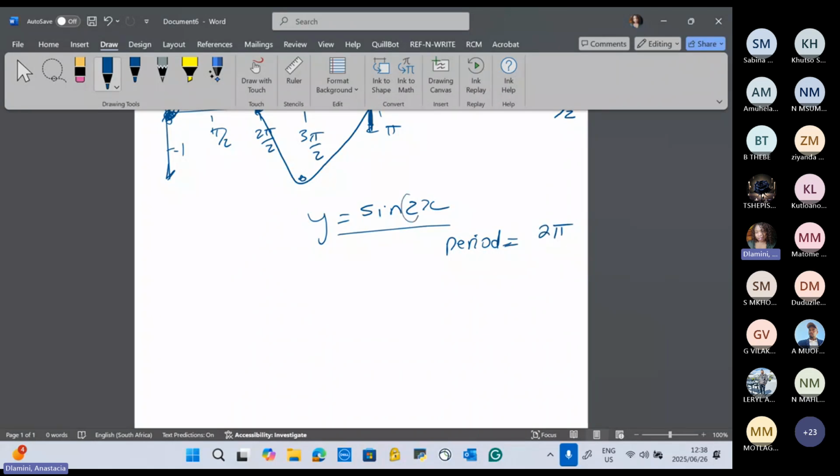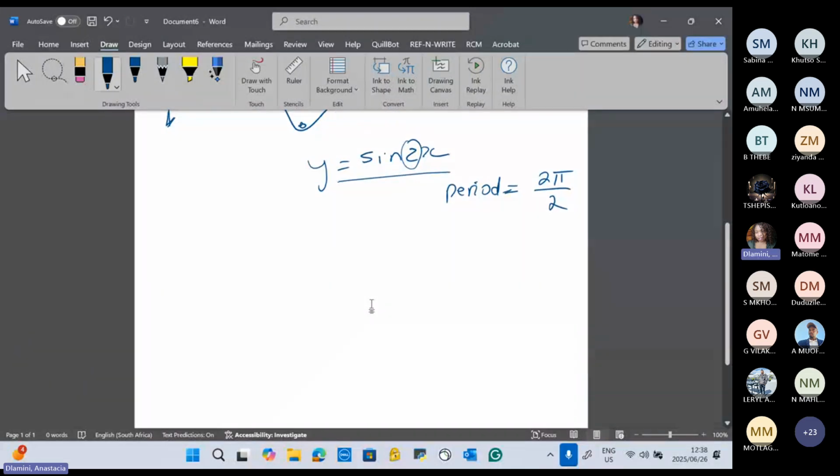Are we all together there? So 2 pi divided by 2 is equal to pi. So the new period for this function will be pi. So how do I draw one complete period? Meaning that it will be from 0 to pi now. Are we all together, guys?